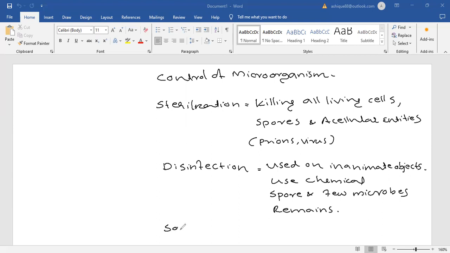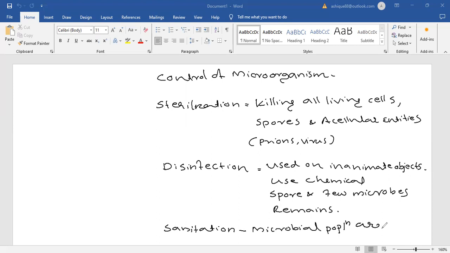Another terminology is sanitation. What is sanitation? Sanitation is related to disinfection itself. That is, microbial populations are removed, not completely, okay?